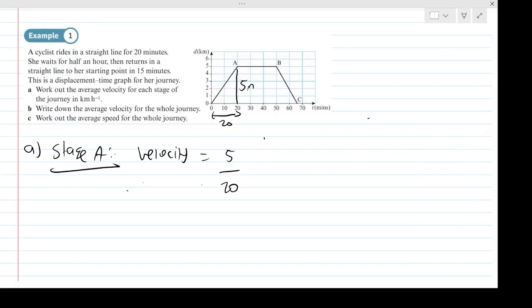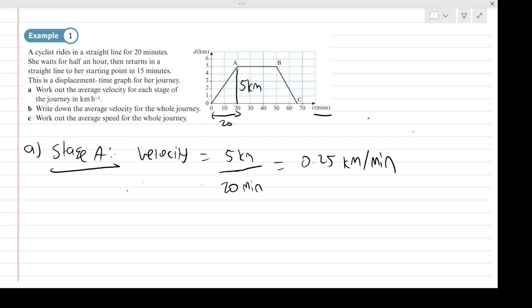And the units are, well, the displacement is in kilometers, so that should be 5 kilometers. My apologies. So 5 kilometers over 20 minutes. Okay, minutes. Those are my units. So that would be 0.25 kilometers per minute.